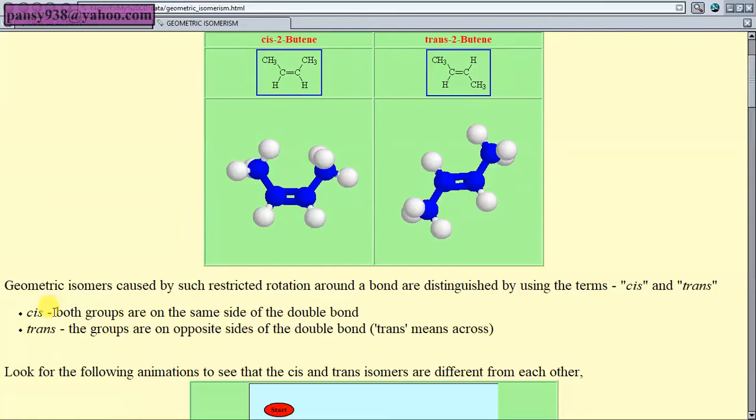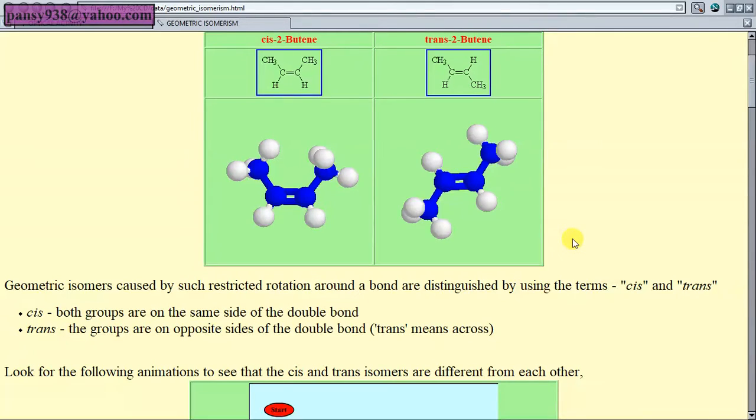Actually, cis means that both groups are on the same side of the double bond, and trans means that the groups are on opposite sides of the double bond, or at across positions. This is the across position, and in the cis form they are on the same side. But this creates some problems too, which we are going to discuss in a few seconds.